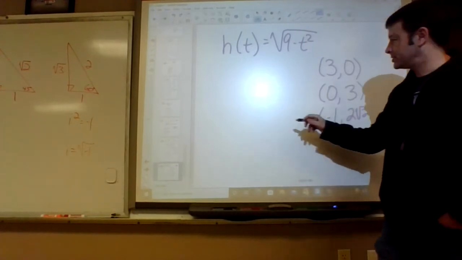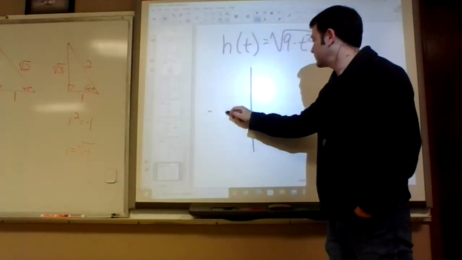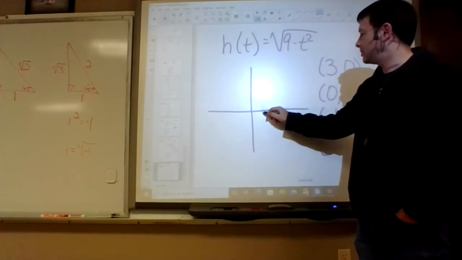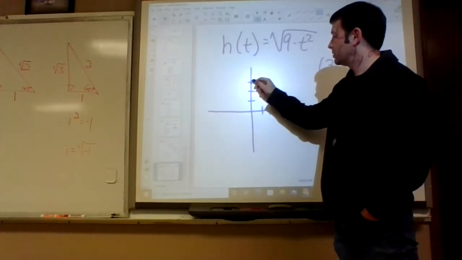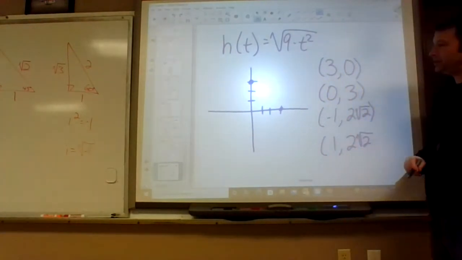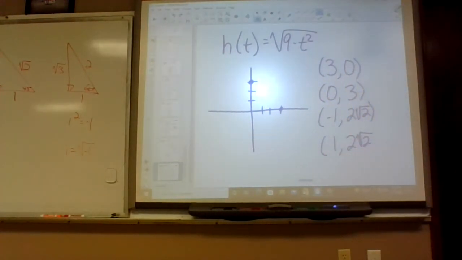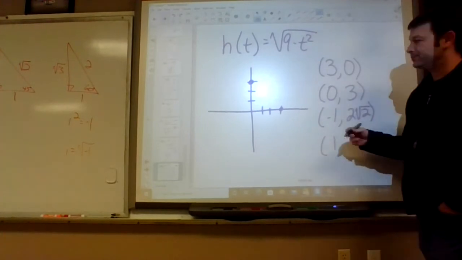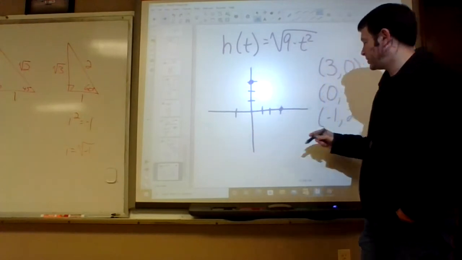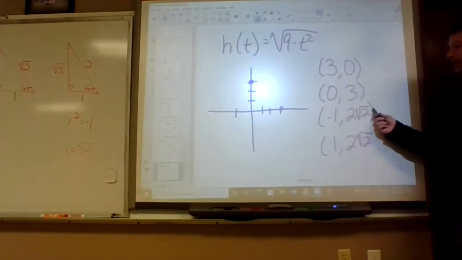Alright, let's graph these, see what we got so far. 3, 0. 0, 3. Probably an easier way to do this would be on a calculator. Negative 1, 2 square root of 2. How do I graph that? Well, plug it in the calculator.